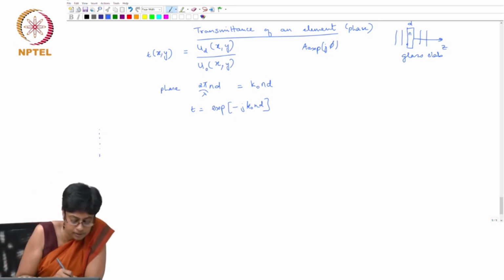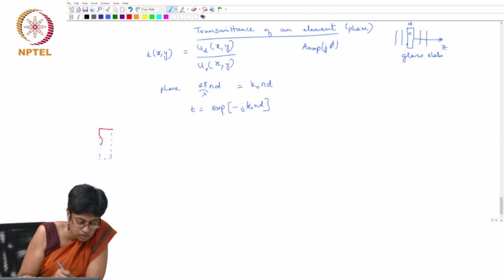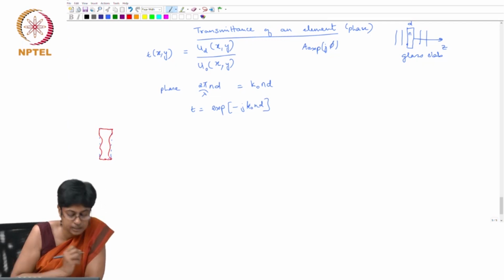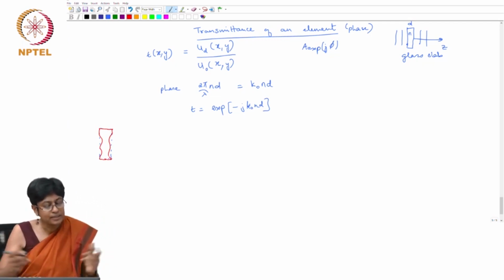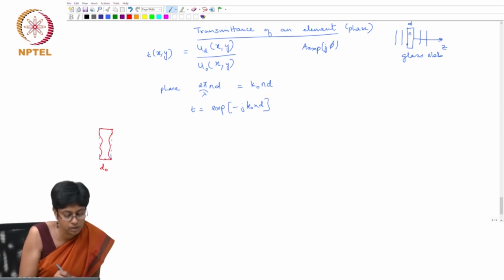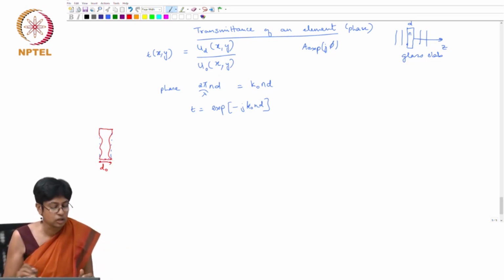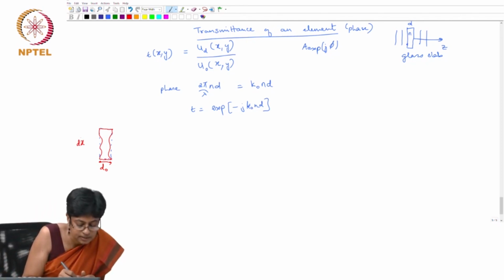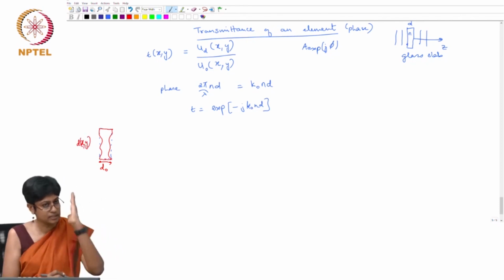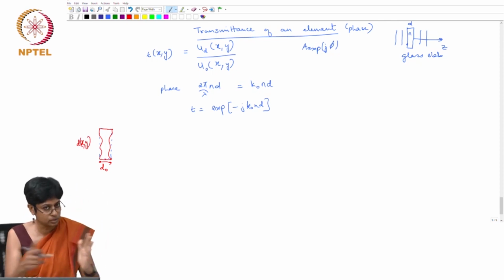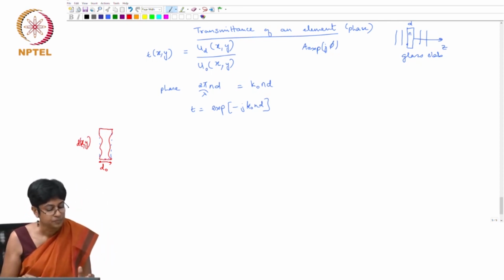Let's say I have an element and this element has variable thickness. Something like this. Okay. So at no point is it larger than d naught. d naught is the widest it ever is at any point. But at some places the thickness is less than d naught. So I can actually say the thickness here is a function of x and y. x and y is the plane perpendicular to the direction of propagation.